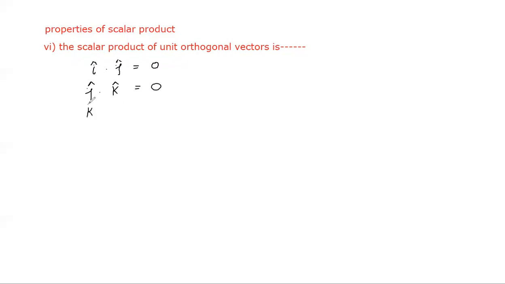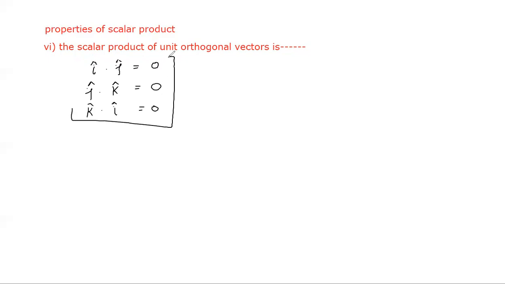The scalar product of unit orthogonal vectors we already discussed. Unit orthogonal means i cap dot j cap. So what is the value of i cap dot j cap? It is 0. j cap dot k cap is also 0, and k cap dot i cap is also 0.